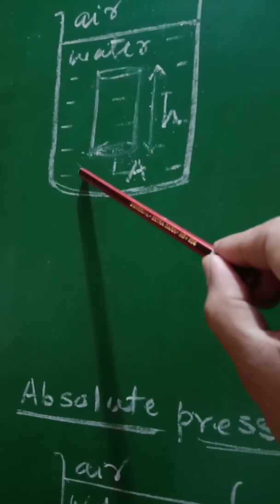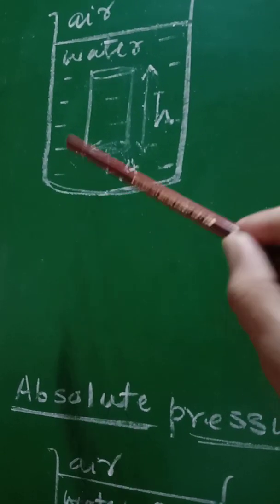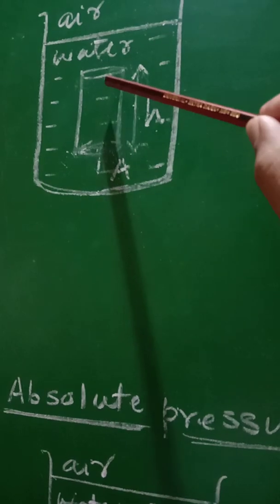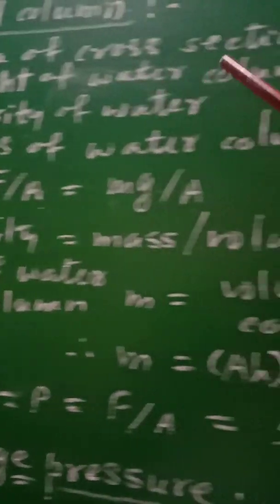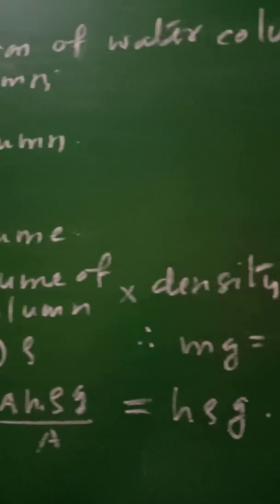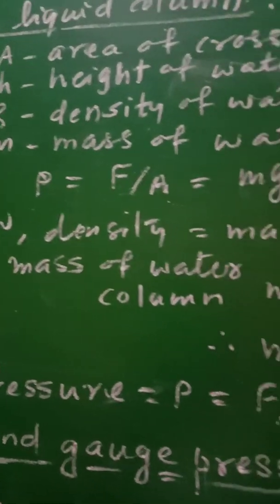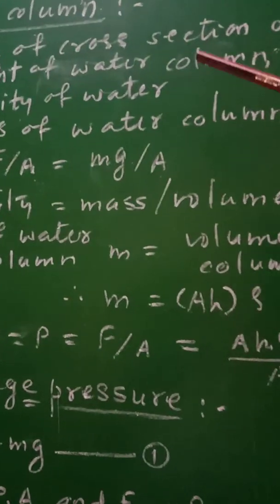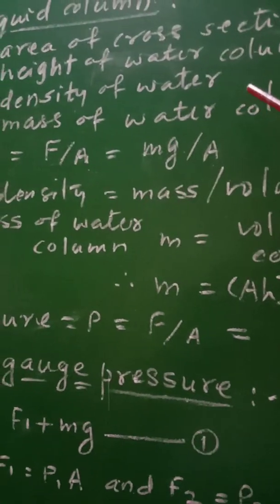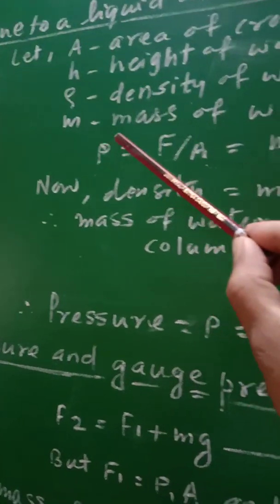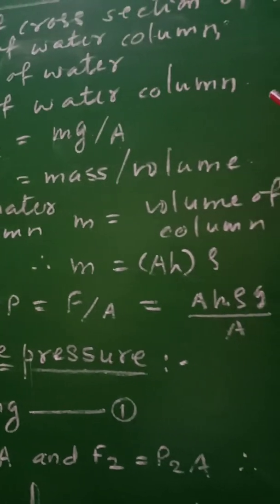Rho is the density of water, and M is the mass of this cylindrical water column. And therefore here A is the area of cross section of the water column, H is the height of the water column, rho is the density of water, and M is the mass of the water column.